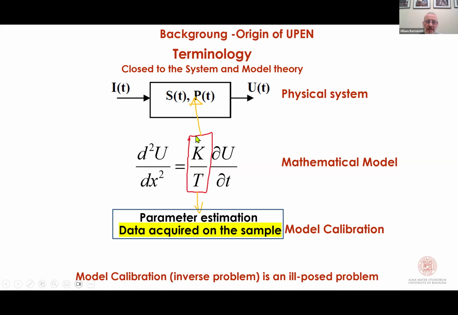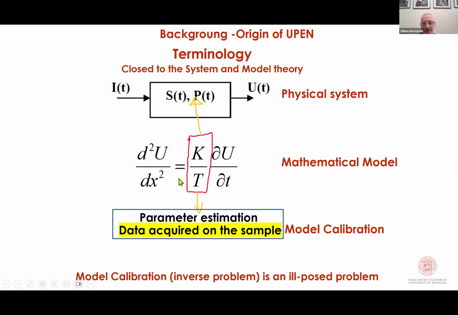A mathematical model is an object that tries to reproduce some behavior of the system. The model is not a clone of the system, it's just a simplified version able to reproduce some behavior. In general it is an equation, a differential equation, etc., depending on the system and on the field.